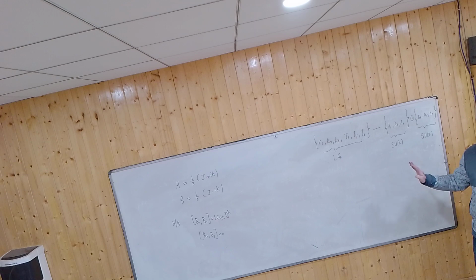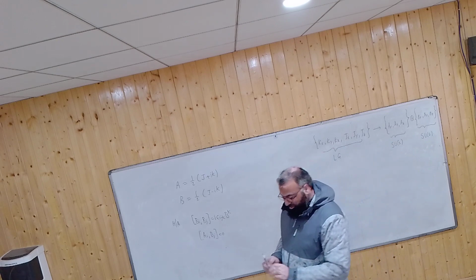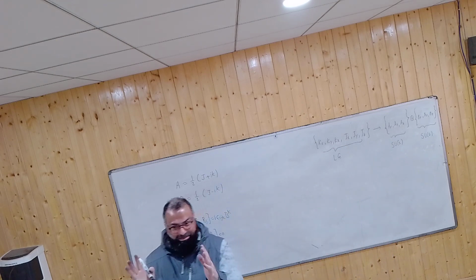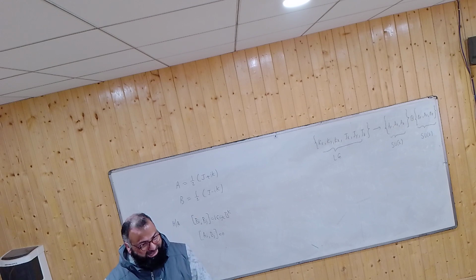In a moment you will see. So you started from a four-dimensional space. Now you have decomposed it into an SU2 in a two-dimensional space and another SU2 also in a two-dimensional space.